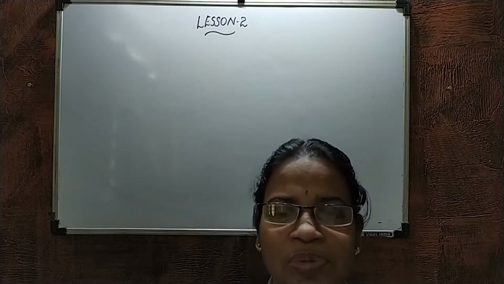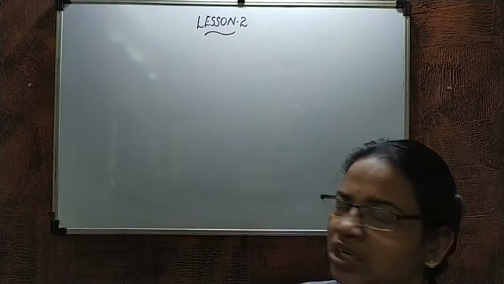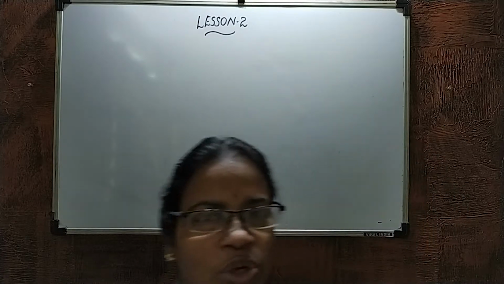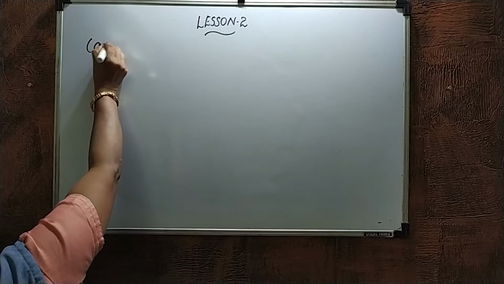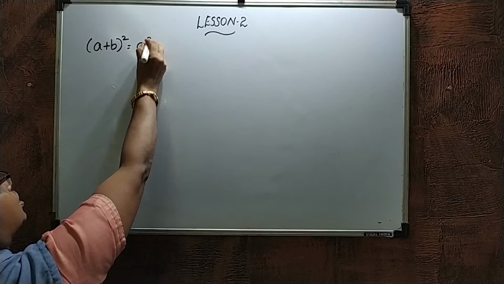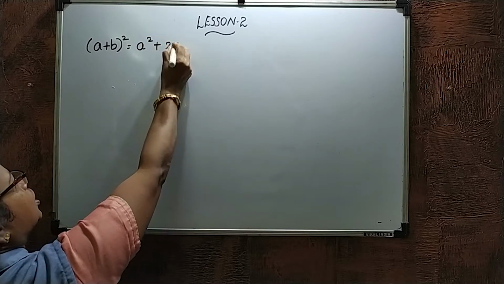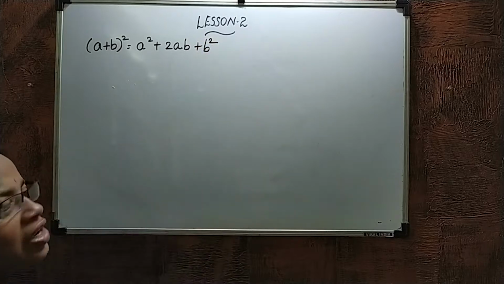First you should remember the first four identities. Which are they? First one, a plus b the whole square equals a square plus 2ab plus b square. What is the next one?